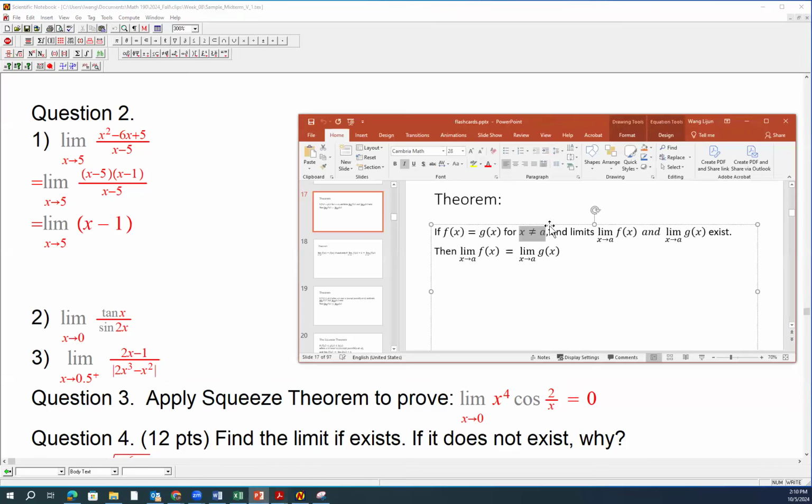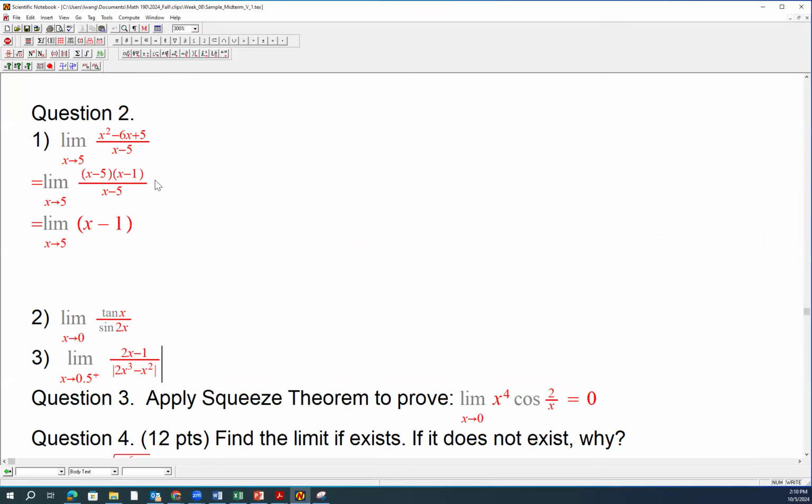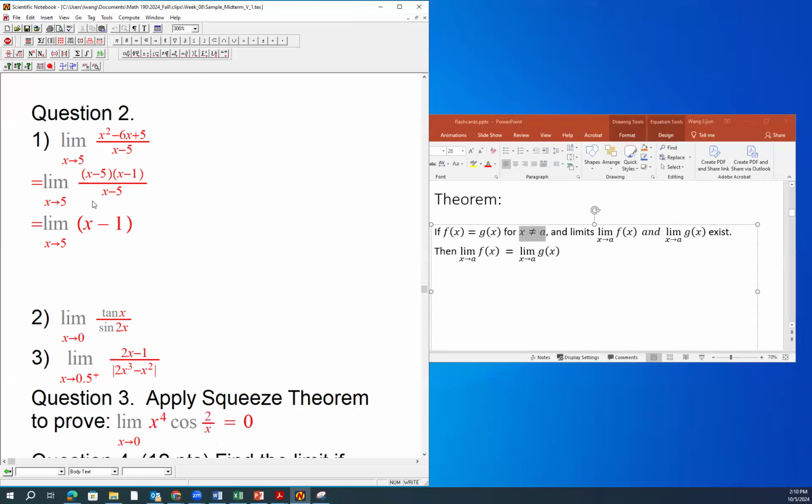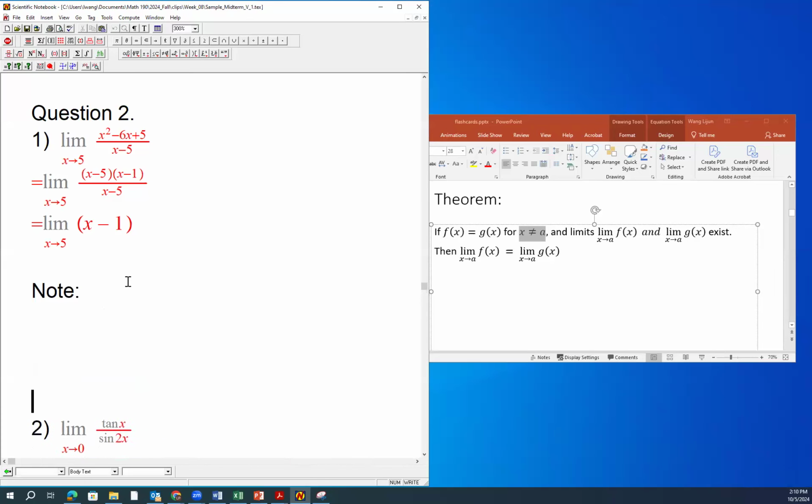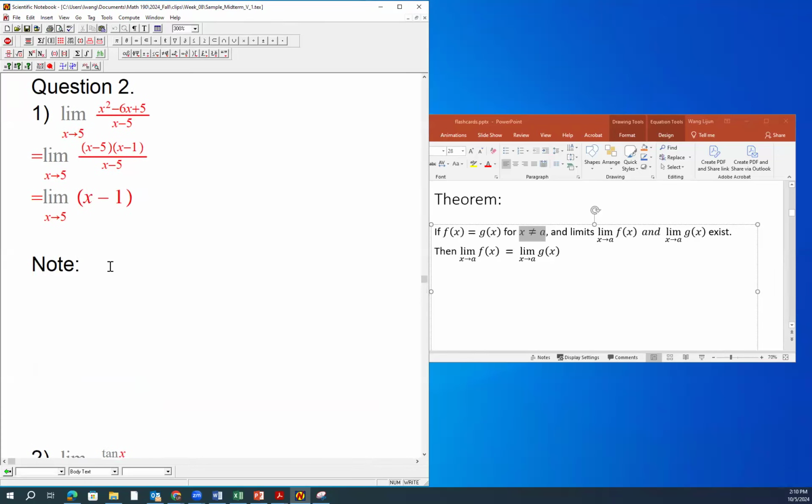So this is the theorem we are using. Let me put it this way. I still want you to see the theorem. I put a little note here. You don't need to put it on the test, but I want you to understand. So how does this theorem apply here? Because we see this one as a function f.